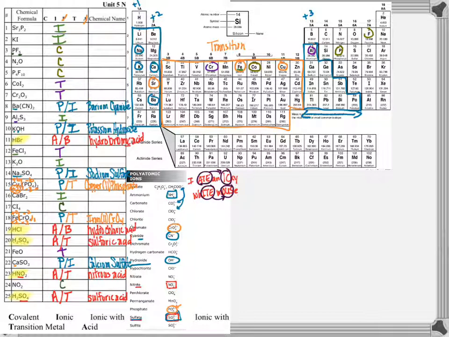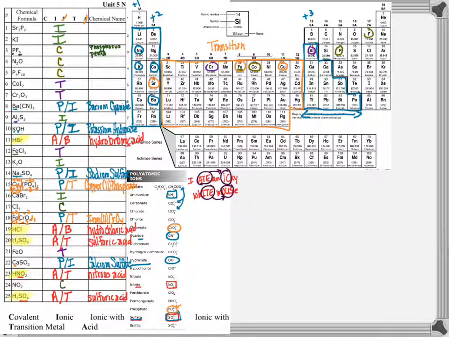So here we only have one phosphorus, so we will start off with phosphorus. We have 5, so we're going to start off with penta.